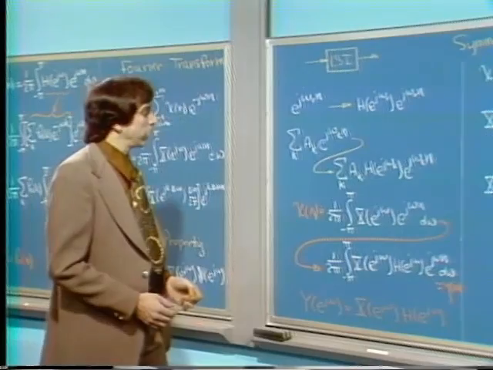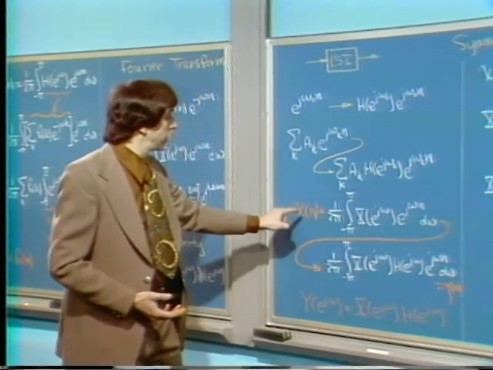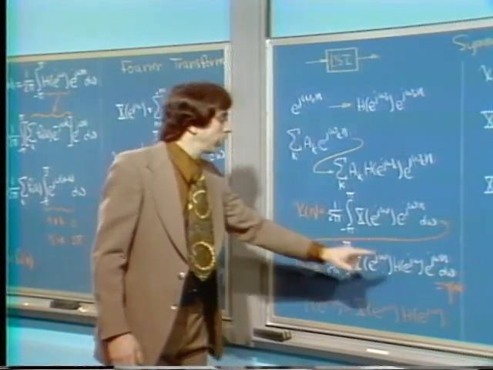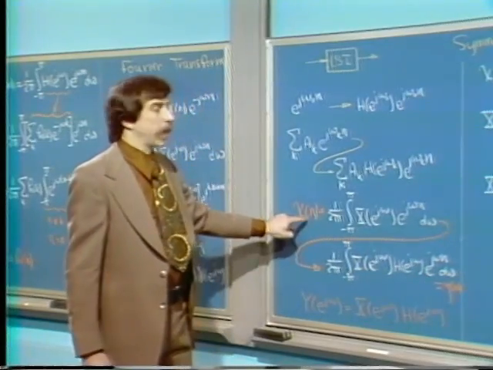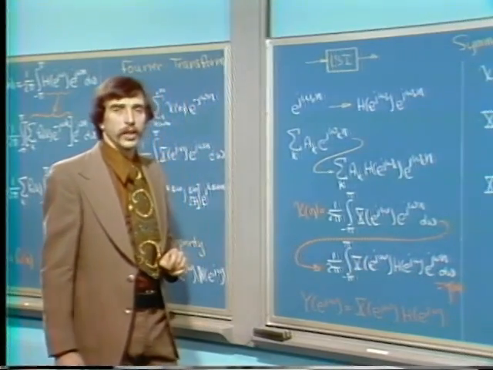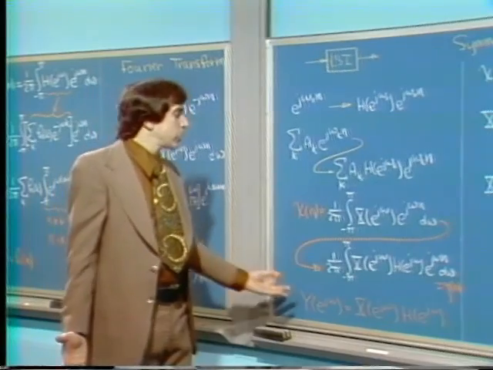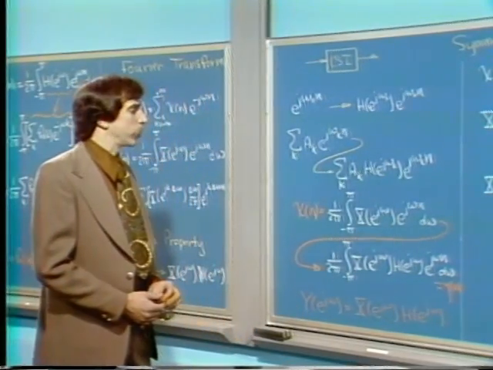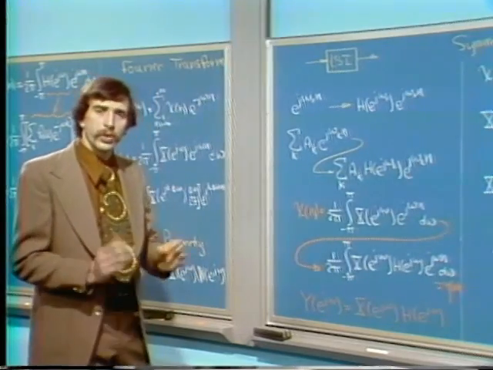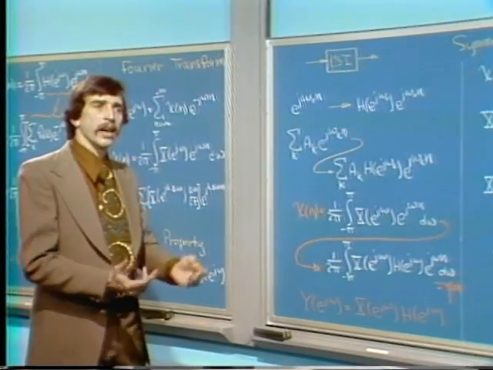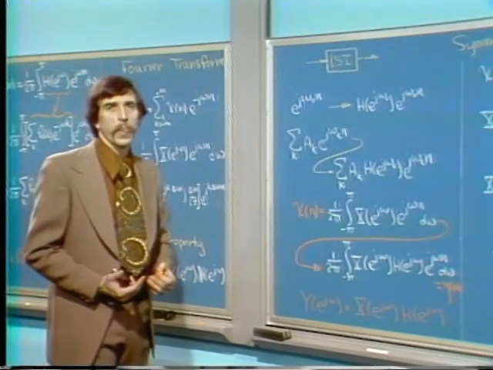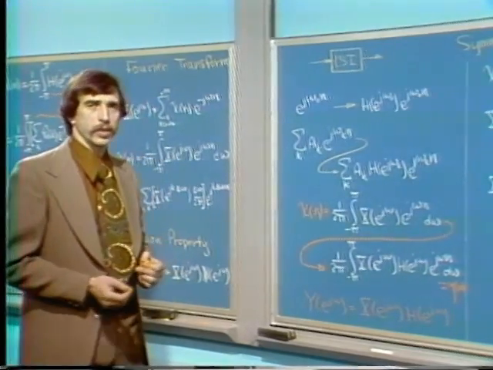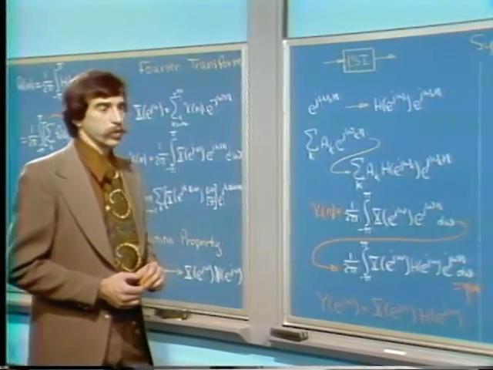And we know also that y[n] is going to be equal to x[n] convolved with h[n]. So basically, this justifies the convolution property. That is, the convolution of two sequences has as its Fourier transform the product of the Fourier transform of each of the individual sequences.